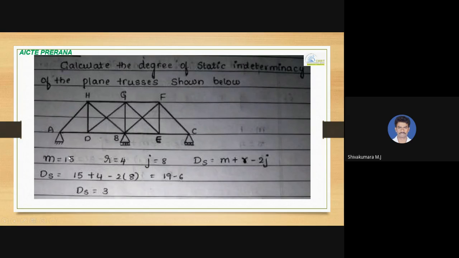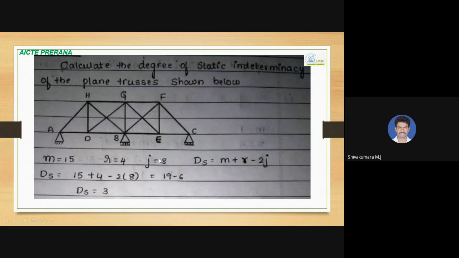And the number of reactions: A is a hinged support, so the number of reactions at the hinged support is 2. B is a roller support, and C is also a roller support. So each support gives 1 reaction. So at B 1, at C 1. So 2 plus 1 plus 1, totally 4 reactions. So we are done with m, r, j.